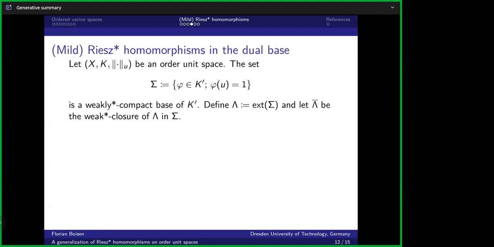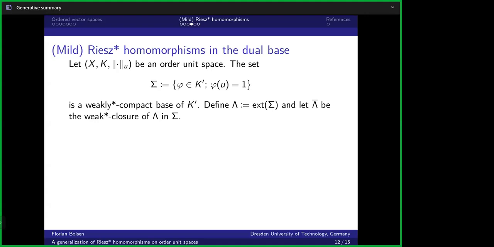Now my goal is to basically geometrically characterize these multi-star homomorphisms. And this works as follows. Let's say we start with an order unit space, and now we define a new set sigma, which is the set of all continuous positive linear functionals which map our order unit to 1.